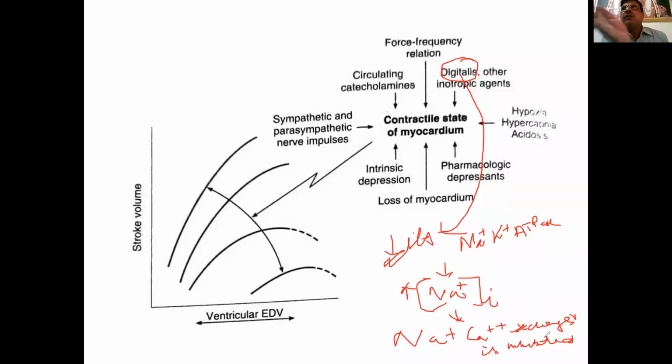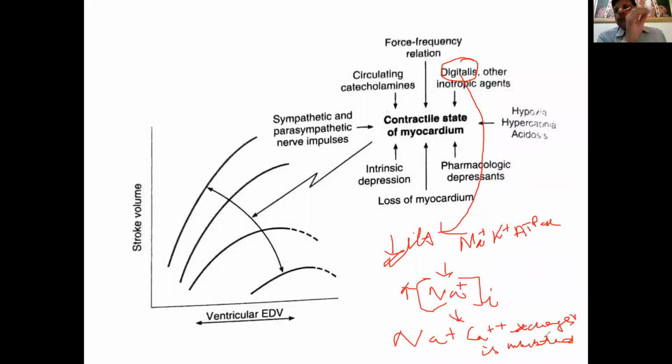By pumping out 3 sodium ions, it keeps intracellular sodium low. If intracellular sodium is low, sodium will always try to come in. That gradient is there and sodium will come in. When sodium tries to come in, calcium goes out. So that is how calcium is kept low inside the cells.